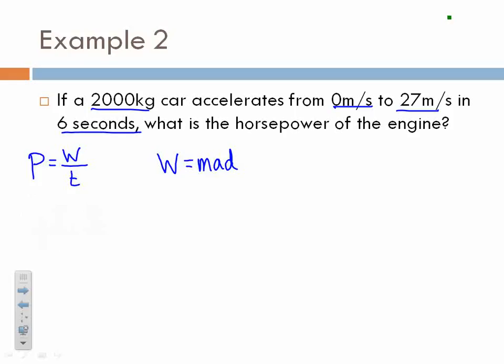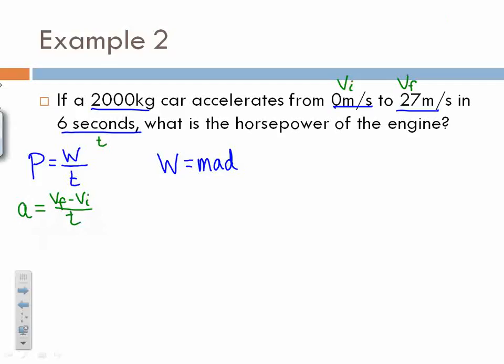All right. So acceleration, I have initial velocity, I have final velocity. This is my initial velocity, this is my final velocity, this is my time. All right. So I'm going to use this. I know that acceleration is equal to final velocity minus initial velocity divided by time. This is one of our kinematics equations. All right.